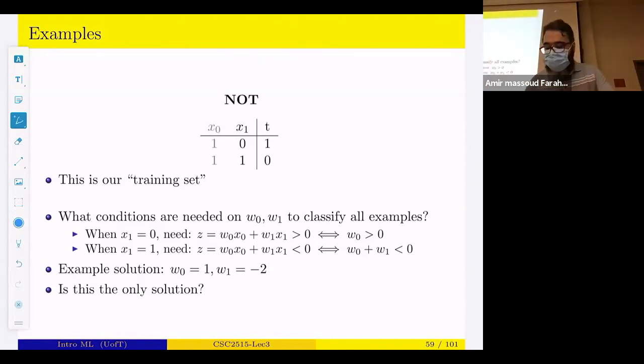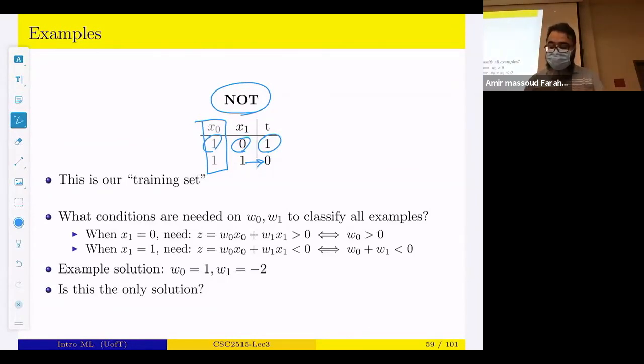So what is NOT? Well, if X1 is 0, the target should be 1. If X1 is 1, the target should be 0. And we also added this X0 as the bias term, the dummy variable that deals with the bias, so it's always 1.